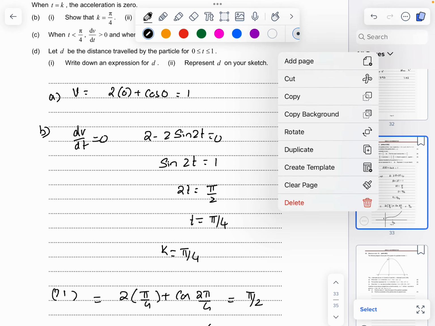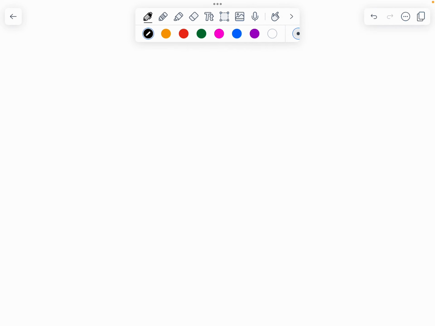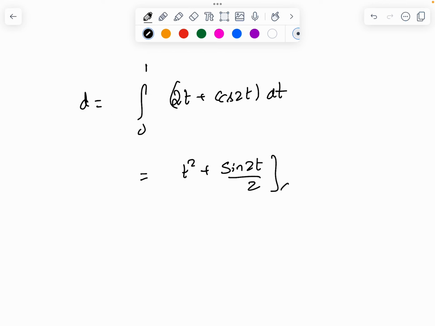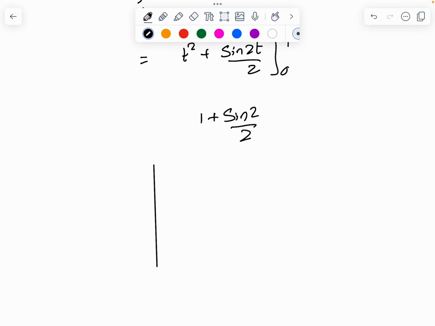So d equals the integral from 0 to 1 of 2t plus cos 2t dt. So it's going to be t square plus sine 2t by 2 from 0 to 1. When I simplify, it will become 1 plus sine 2 by 2. And sketch the part.